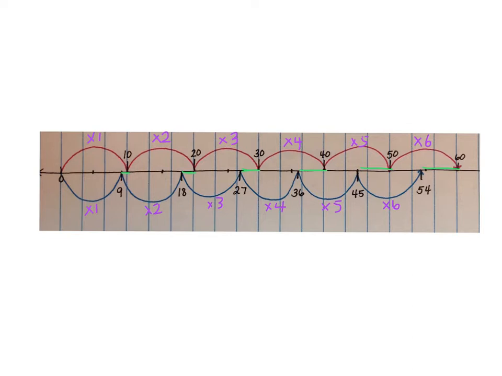So here, the difference is 1. Here, the difference is 2. Here, the difference is 3. Here, the difference is 4. Here, the difference is 5. And here, the difference is 6.